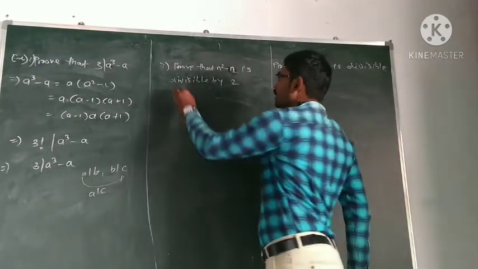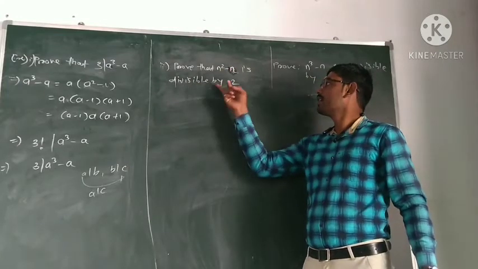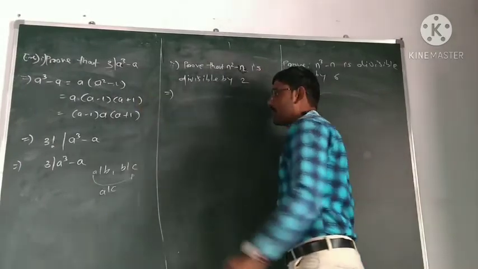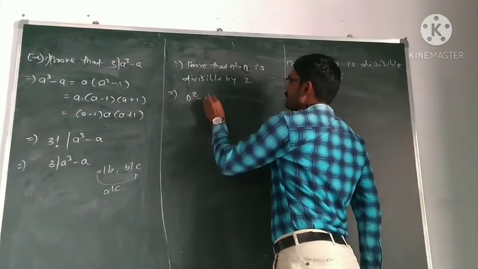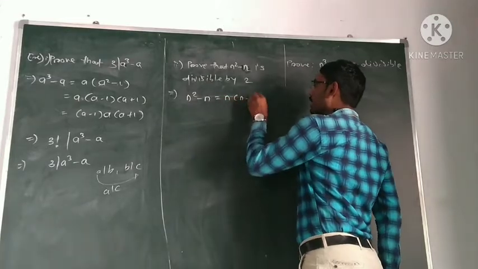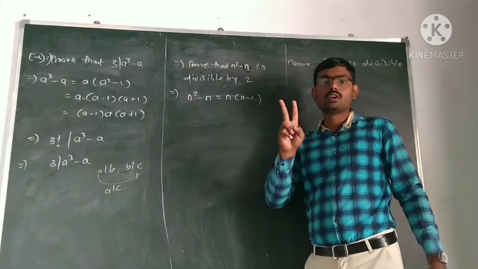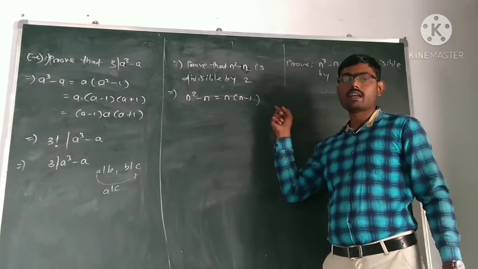Now second example. Okay. Prove that n square minus n is divisible by 2. Again, you have to use a similar pattern. Now n square minus n is equal to n into n minus 1. Now look at this: n into n minus 1 is the product of two consecutive integers.